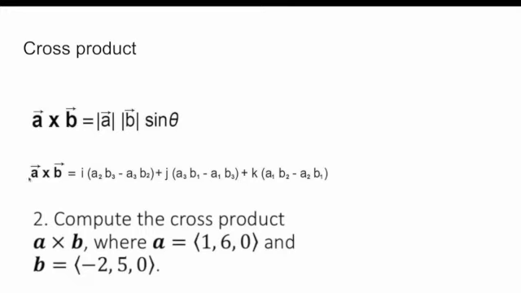So the cross product has 2 formulas. One is here, and this is given in your data booklet in a very similar fashion. The only thing is i, j, and k are replaced in a sort of matrix form. So basically what that means is that you see this right here, and this right here stacked on top of each other. They mean the exact same thing, and you're expected to know both representations, so I just thought I'll show you the alternate representation here so that you're more familiar with it.